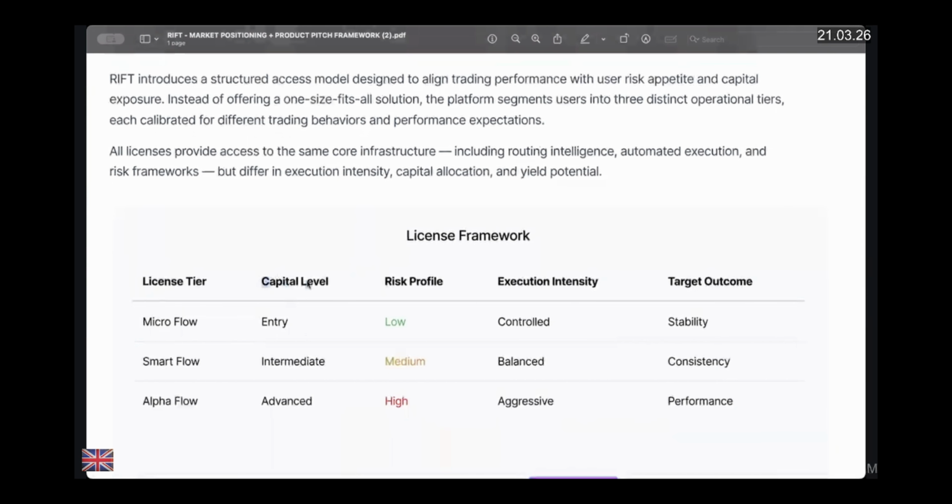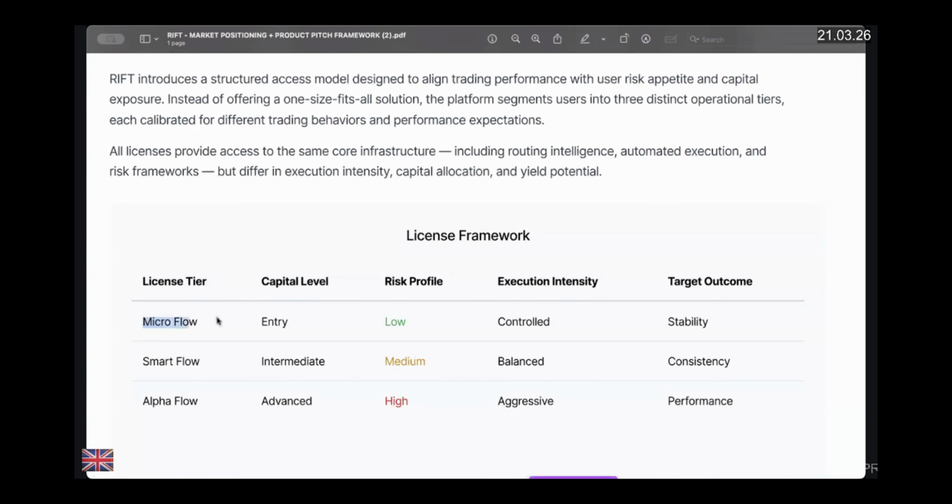This capital allocation you can ignore, because there will be no such restriction of capital allocation as far as these strategies, Micro Flow, Smart Flow, and Alpha Flow, are concerned. So there would be no such restriction in terms of capital level that you can enter with.